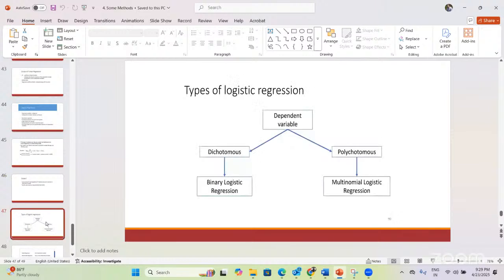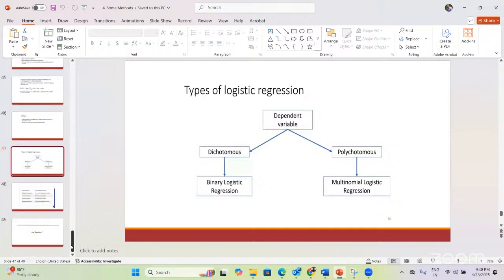this is the type of regression. This is the dependent variable. I told you the main objective of your study is dichotomous or polytomous, that is binary logistic. Dichotomous is the binary case, 0 and 1, and if it has multiple states, you can use multinomial logistic regression, with 0, 1, 2 and so on.